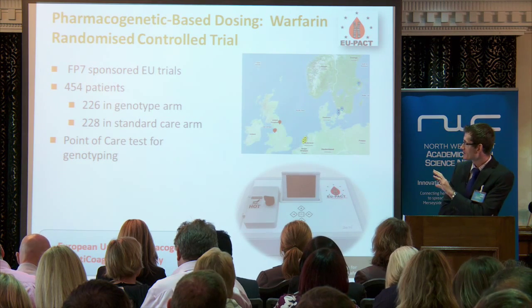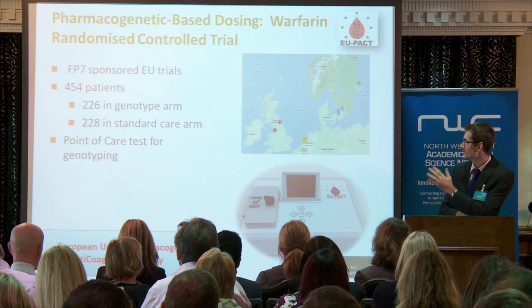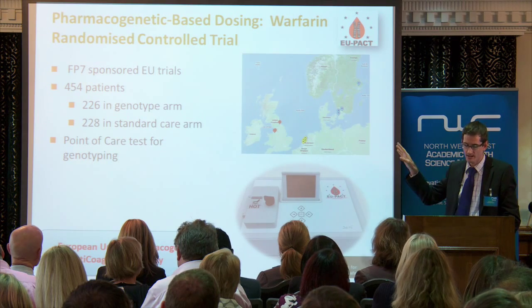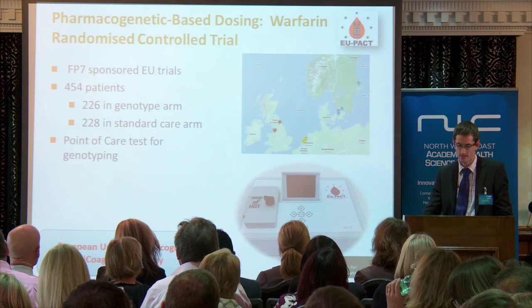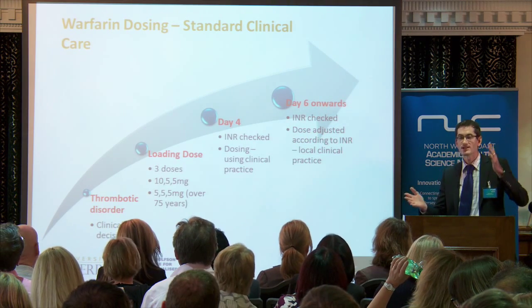And so this study was done by Professor Munir Pir Mohammed, and it involved 2 main sites, UK and Sweden, with 454 patients. And they were randomly allotted into 2 different arms.